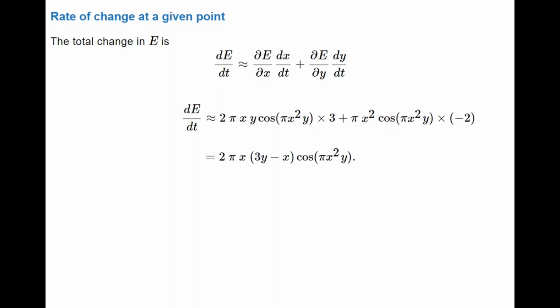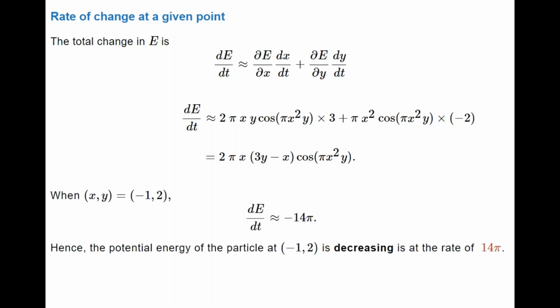So please grab a pen and paper or your computers or calculators now and estimate the change that I have estimated here. So once you evaluate the expression at the point -1, 2, you will see that this change comes out to be negative 14 pi, which means that at the point -1, 2, where x is -1 and y is 2, a decrease is occurring in the potential energy of the particle, no matter if the particle is undergoing an increase along the x direction.